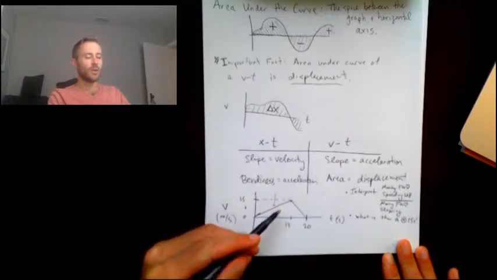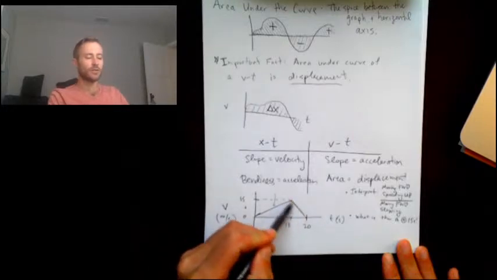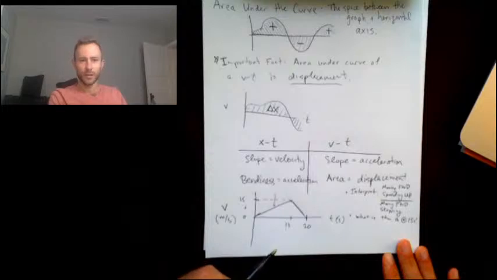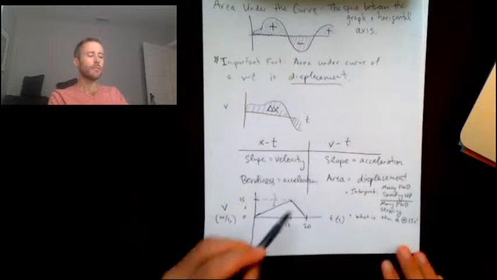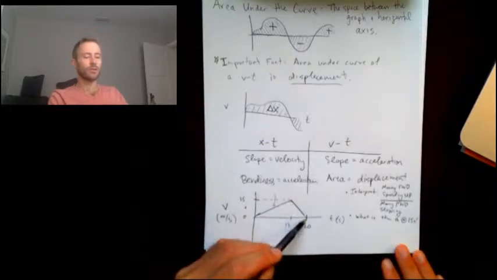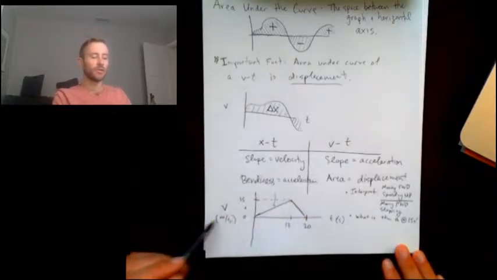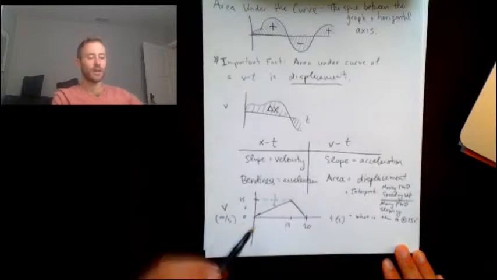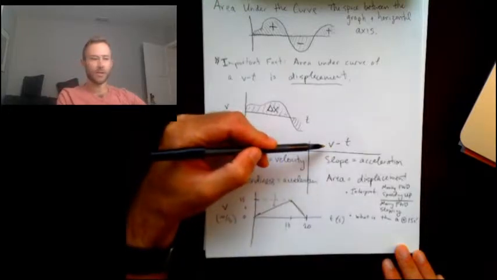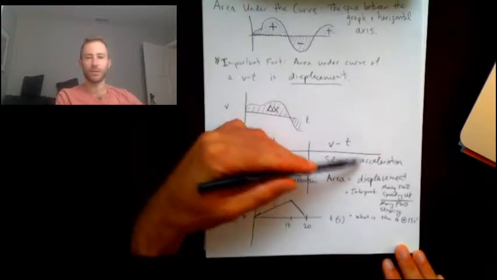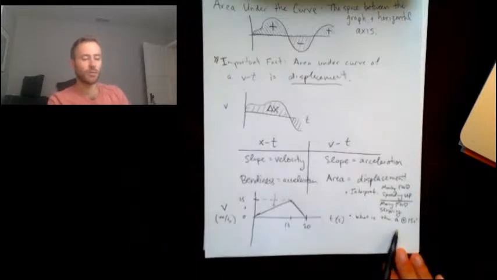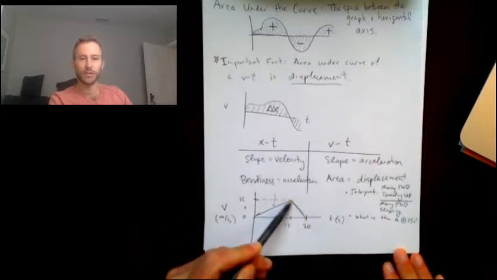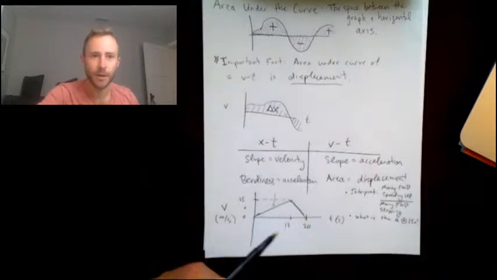So I want the acceleration that corresponds to this line segment. So this is a velocity time graph, and I can see that if I have a velocity time graph, slope is acceleration. So what this question is asking for is the slope of this second line segment, okay?